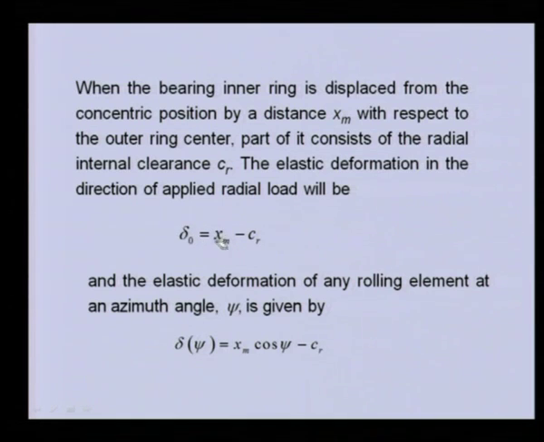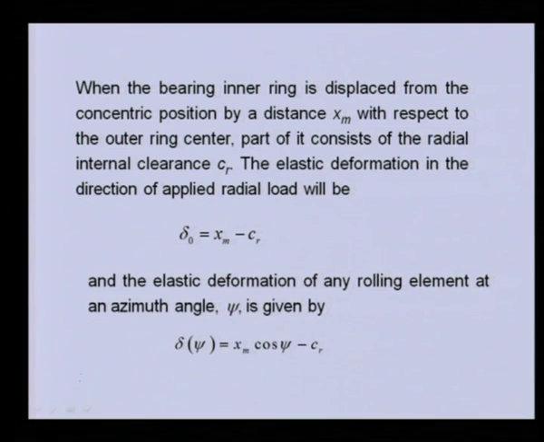So, displacement of the inner ring with respect to outer ring center minus clearance will be the deformation, and as we have seen in the previous slide, the deformation at an angle xi of the ball will be xm cos xi minus clearance, because in that direction also radial clearance is Cr.